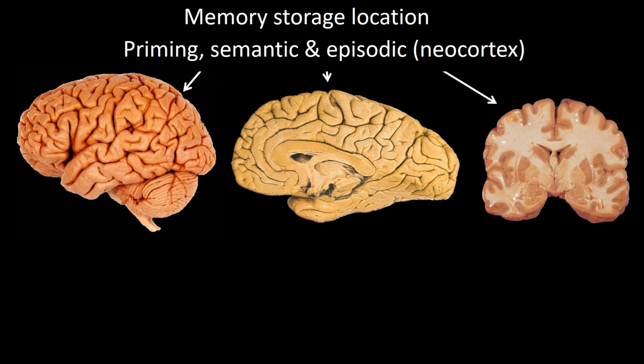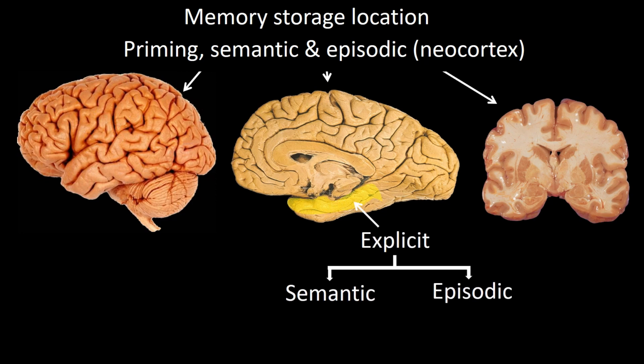Priming memory, brought about by asking the individual to complete a task, as well as semantic memory and episodic memory, are stored in the neocortex. Semantic memory and episodic memory are also stored in the archicortex of the mesial region of the temporal lobe. Procedural memory, how to ride a bike or how to type, is stored in the neostriatum, that is in the caudate and the putamen.